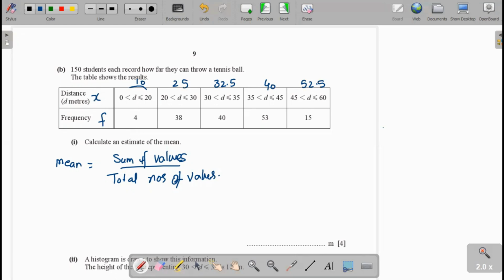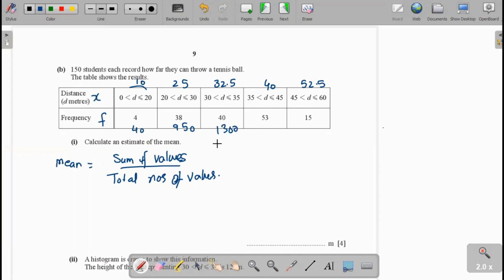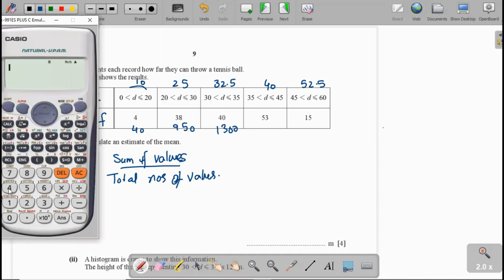We get 10 multiplied by 4 is 40, and 25 multiplied by 38 is 950. Now the next value is 32.5 multiplied by 40, the answer is 1300, and same as 40 multiplied by 53, the answer is 2120.